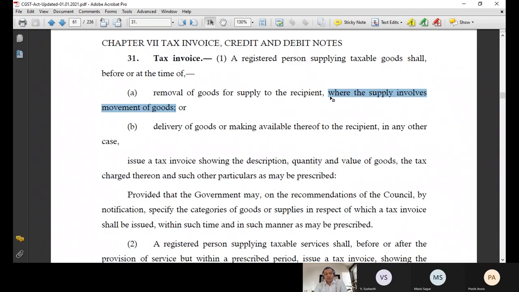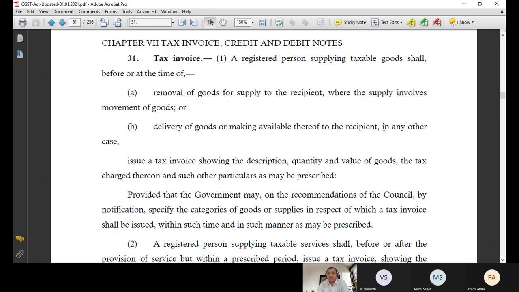So in case of goods, there can be two types of supply. Some supply of goods requires movement, where goods are moved from one place to another, like the laptop example which I have given. It requires movement. I have purchased this laptop, so I will move this laptop from the shop owner to my house.